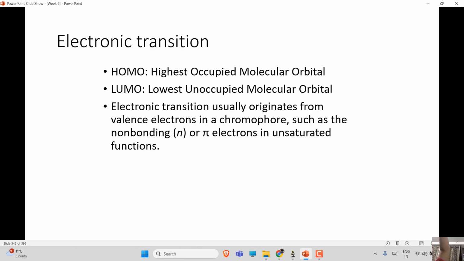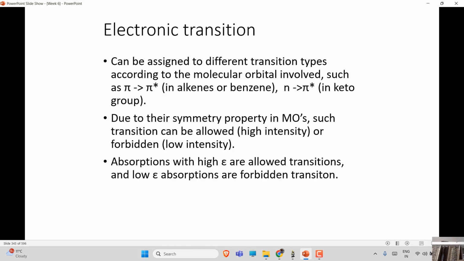Electronic transition usually originates from valence electrons in a chromophore, such as the non-bonding or pi electrons in unsaturated functions. Electronic transitions can be assigned to different types according to the molecular orbitals involved, such as pi to pi star in alkenes or benzene, n to pi star in keto groups.